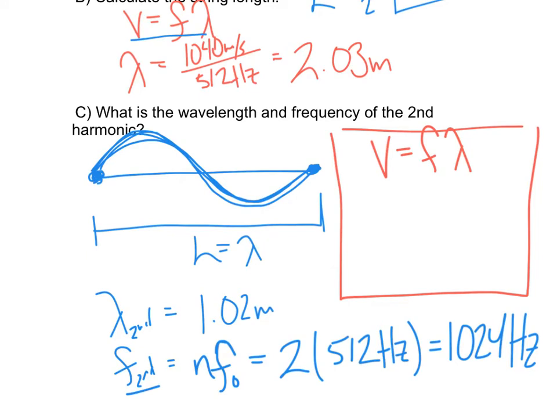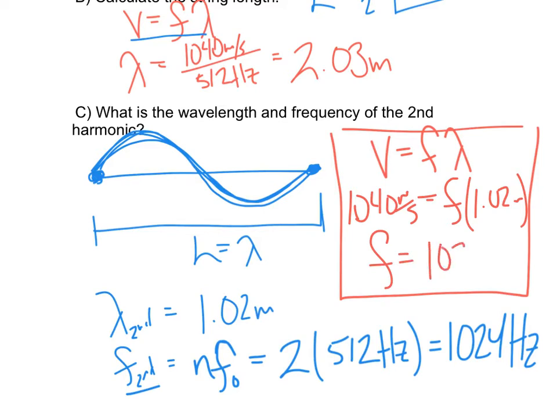So if I know the wave speed is 1040 meters per second, that should equal the frequency times our wavelength, 1.02 meters.